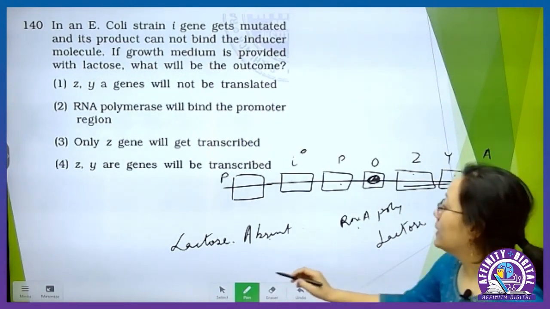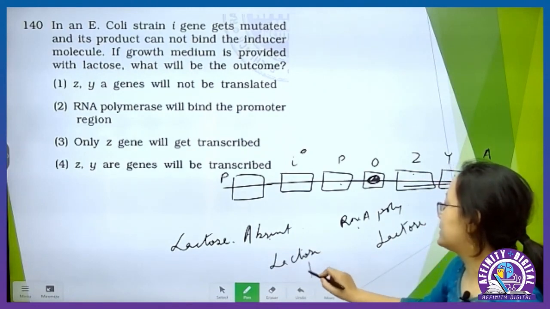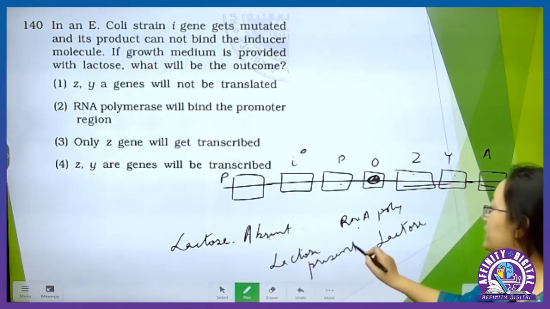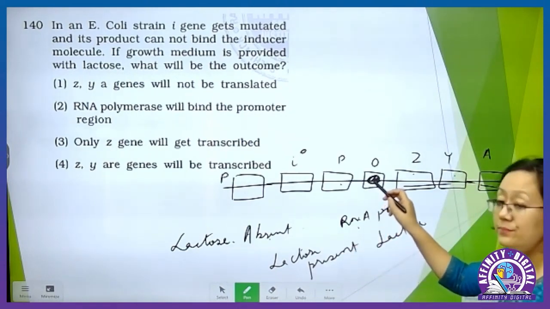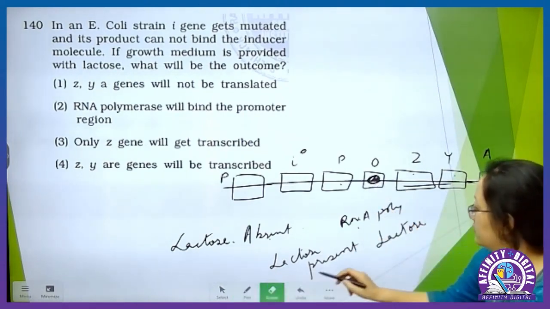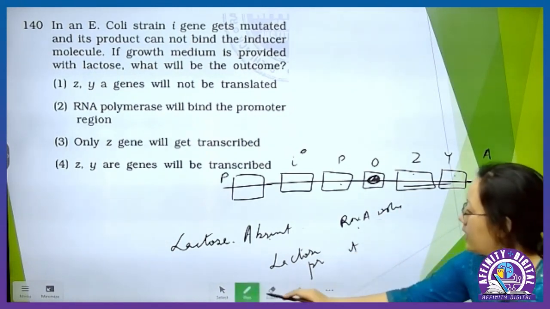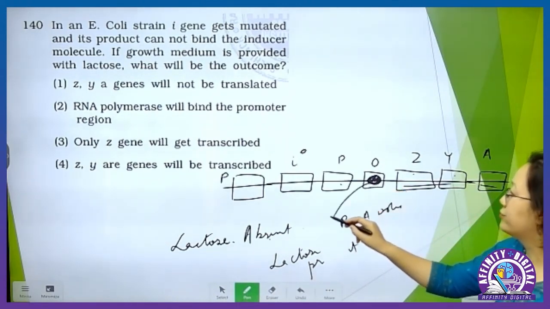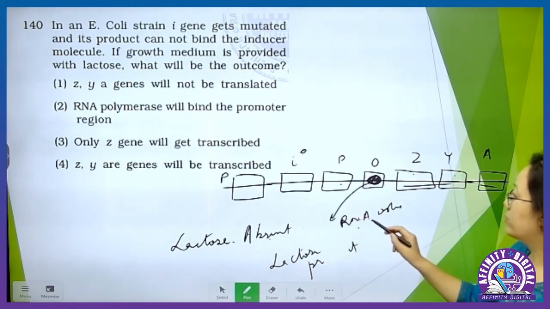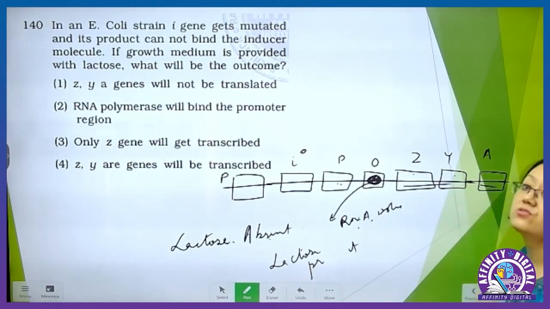But when lactose is present, lactose should come and bind to the repressor protein and remove it, and RNA polymerase should bind to the promoter and the structural genes should be transcribed.